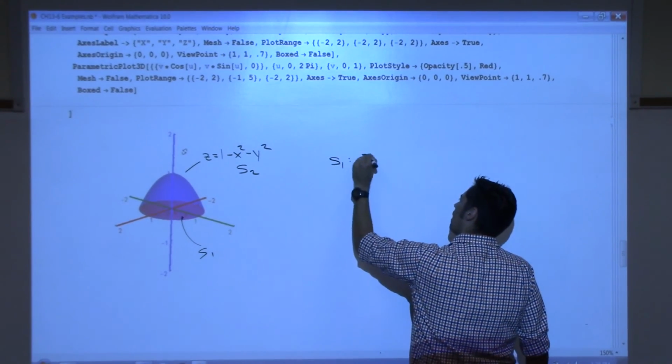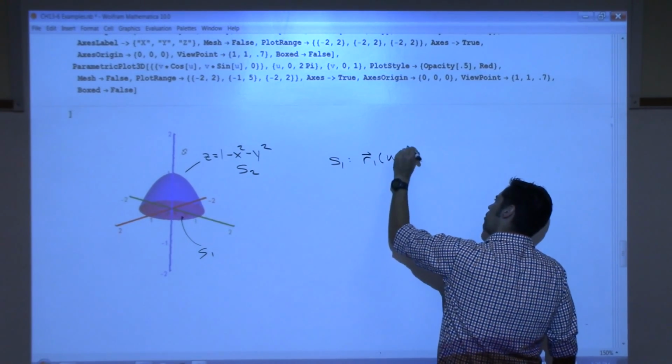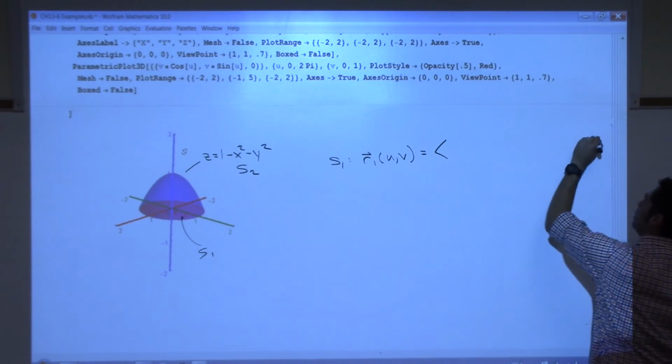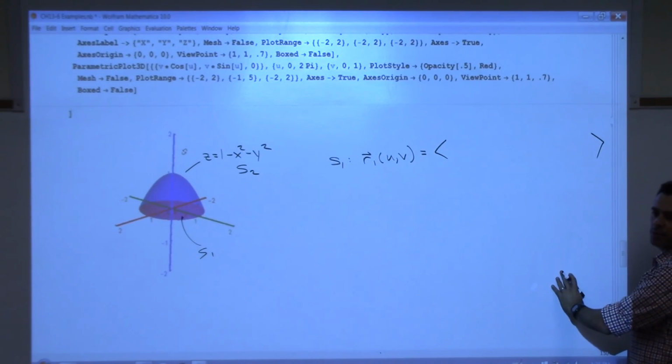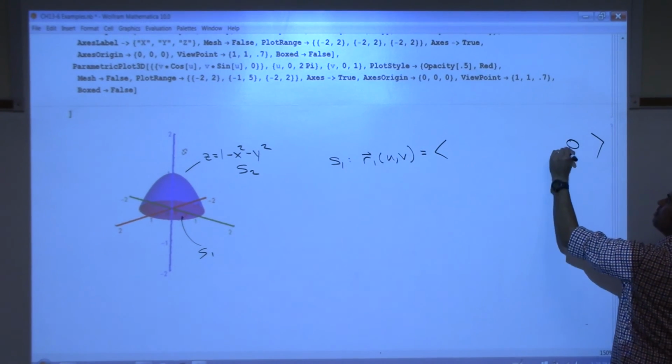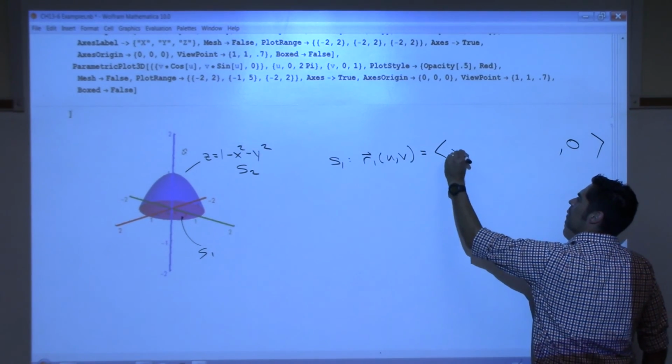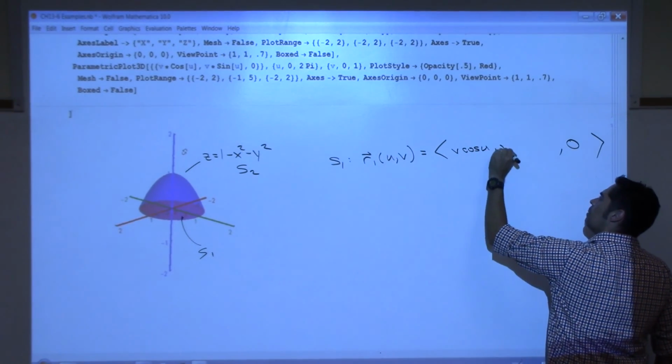S1 will be the vector function. What for sure here? 0, 0, okay, because it's on the ground. All right. And then the other part, it's a disk, which is a bunch of different circles with different radii. So v cosine u, v sine u.